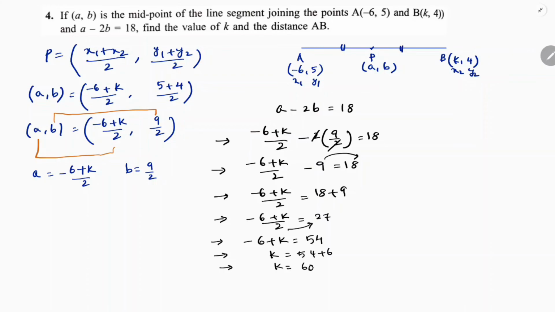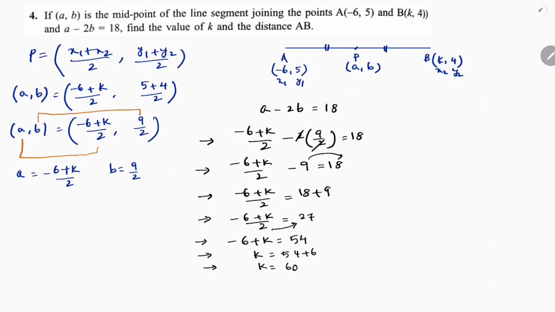Distance AB. So here I'll do it. A value is (-6, 5). B is (k, 4), so it will be (60, 4). So now for AB, this is x1, y1 and x2, y2.